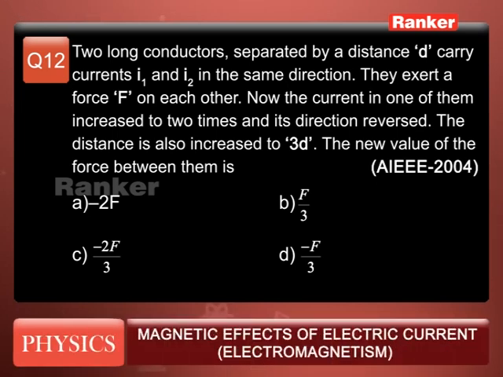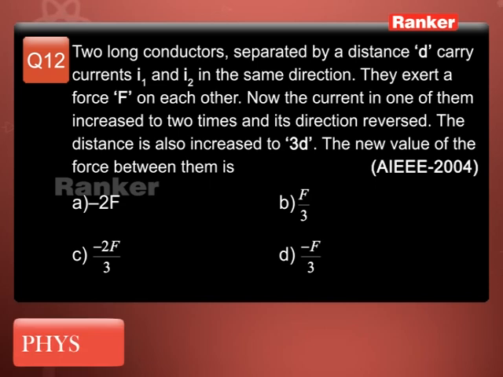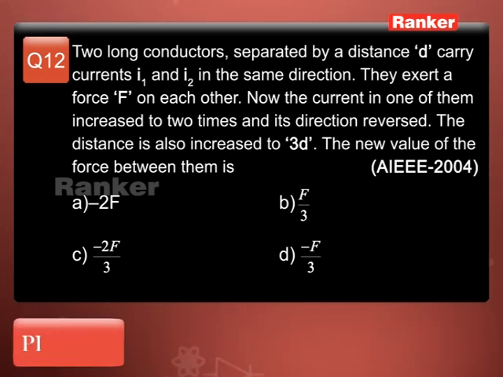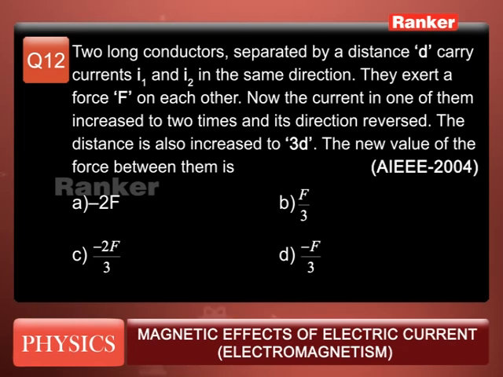Come to the next. Now the current in one of them is increased to 2 times. 2 times what? The initial value. It's understood. And its direction is reversed. The moment directions are opposite, there will be repulsion between those two conductors.